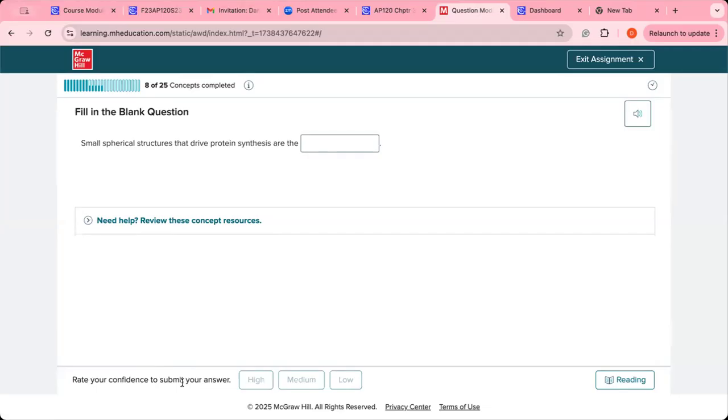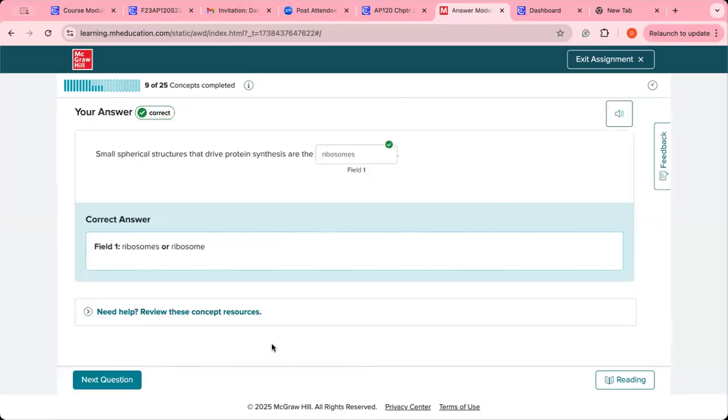Starts with an R. The ribosomes? Yeah, that's correct. Ribosomes are structures that drive protein synthesis. Good. Nice.